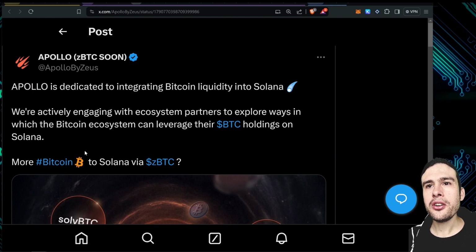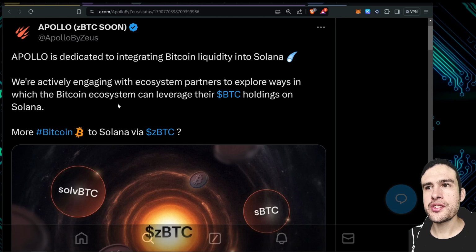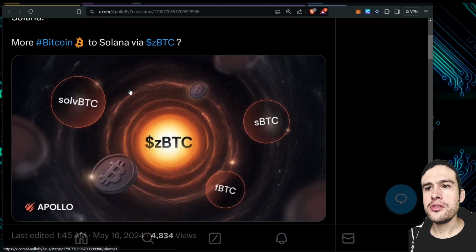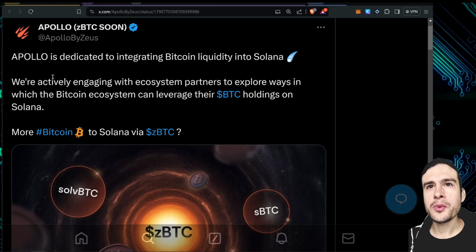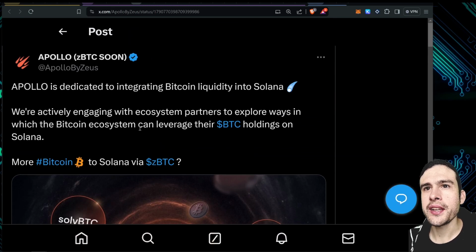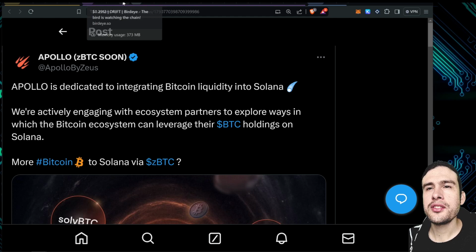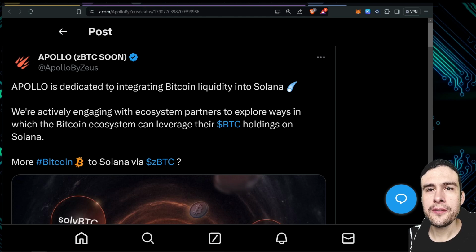Bit more news on Apollo, which is the Zeus L2 for Bitcoin, essentially, or it's pulling in Bitcoin liquidity into the Solana ecosystem. They've got some more news on their Apollo protocol, that's their main MVP or most valued product. And they're slowly chipping away at it, which is good to see. Now, actually, Zeus has been doing all right recently, price-wise. Hit a bottom, and we'll be getting a little bit more if you voted for them, which I did, in the LFG ASR program in July as well.